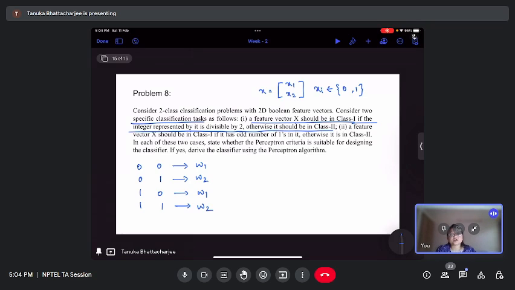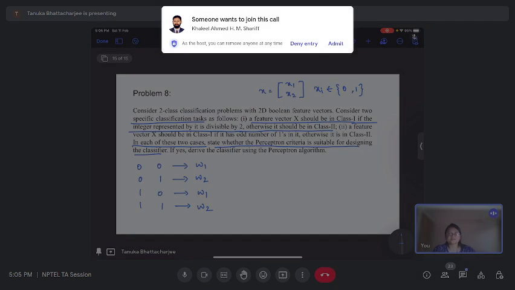I will go to the other classifier later, but the question is, in each of these cases, state whether the perceptron criteria is suitable for designing the classifier. For that, as we saw in the last question, the perceptron algorithm will converge only in the case where the classes are linearly separable.